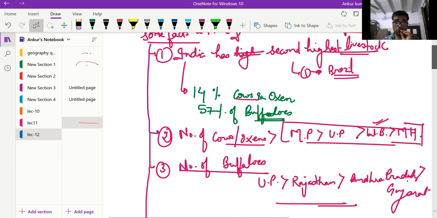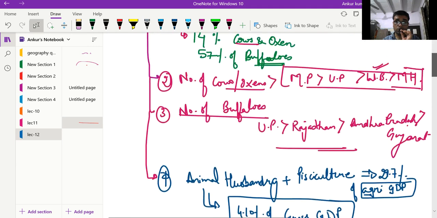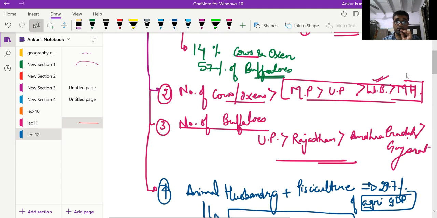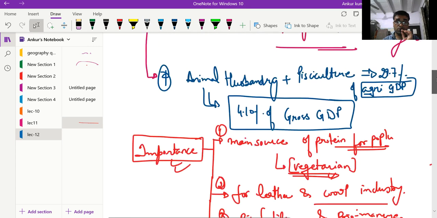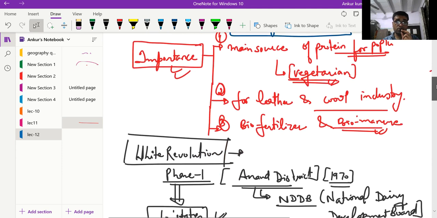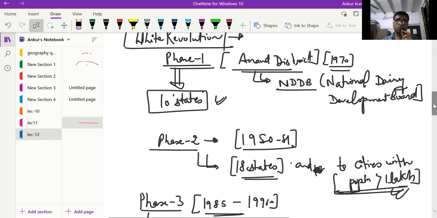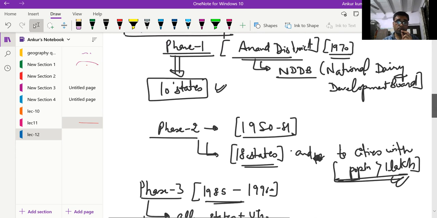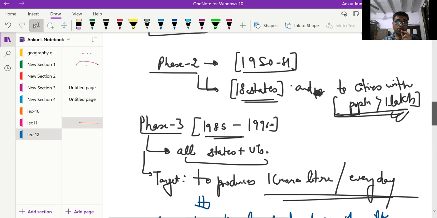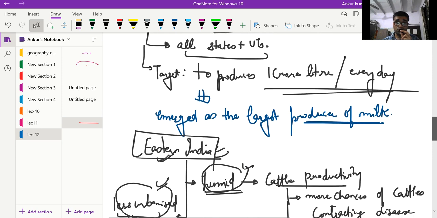What is the contribution of white revolution in terms of the agri GDP, which state has the highest cattle, which state has the highest buffalo, the importance of the livestock and the pisciculture with regard to protein fulfillment, leather and wool industry, and biofertilizer and biomanure. Then how the white revolution proceeded in India, starting from Anand Kheda district, right? Then from 1981, second phase, the third phase, where India emerged as the largest producer of milk.